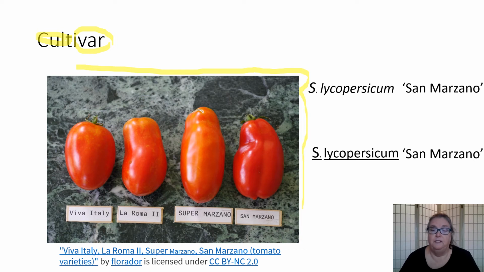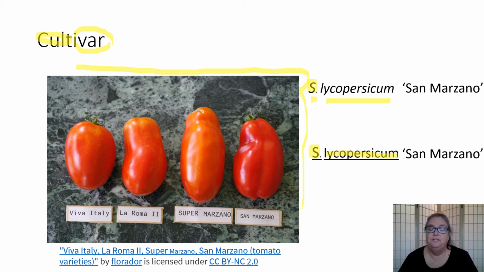At this point, we've abbreviated our genus name to a capital S, and we have our species name, Lycopersicum, right there. If you are typing on the computer, you're going to capitalize your genus, and include your species name, and the genus and species will be in italics.